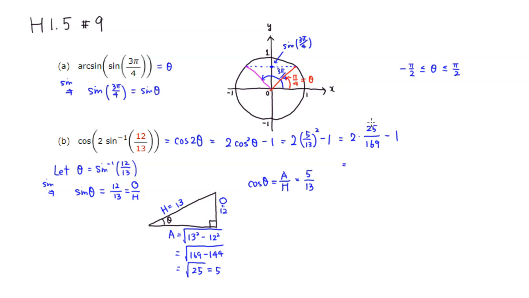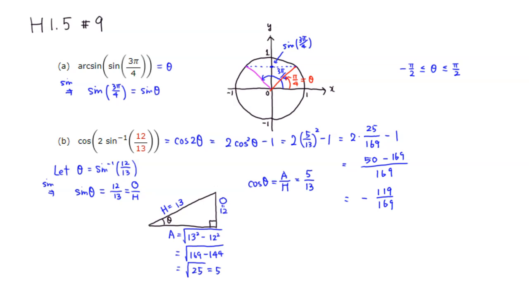So 2 times 25 is 50, over 169, and then minus 1 is 169 over 169. So this is going to be negative 119 over 169.